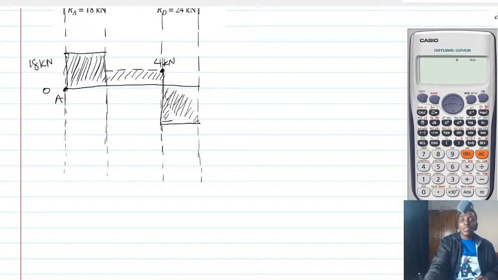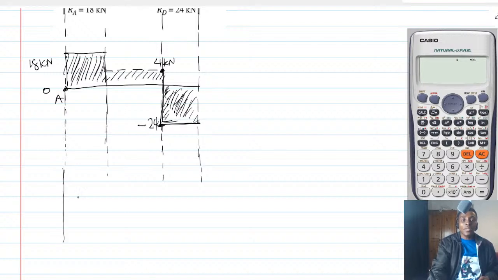So in fact, this is the graph which shows the directions of the shear force. We are done with the shear force, but this is minus 24.